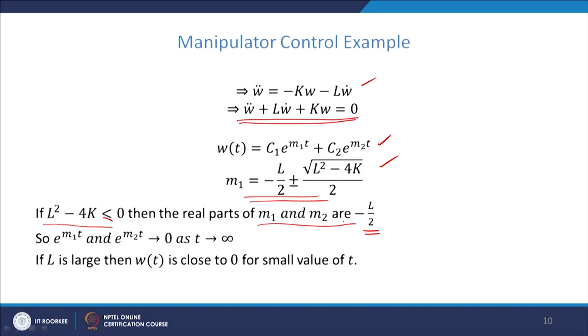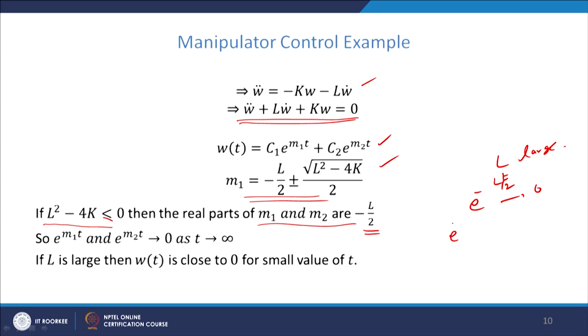So, if we take L very large, then e to the power minus L by 2 t converges to 0, or close to 0, in a shorter span of time.